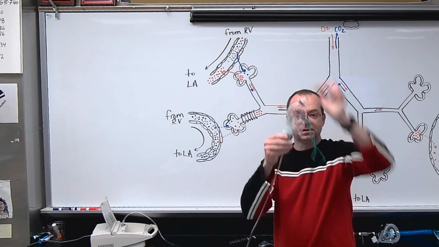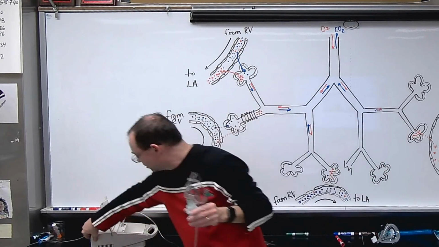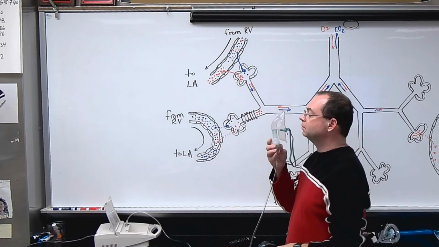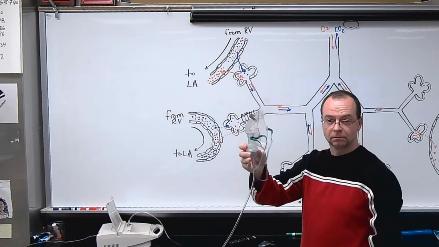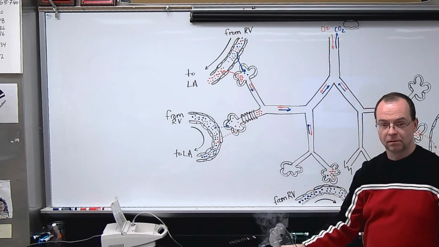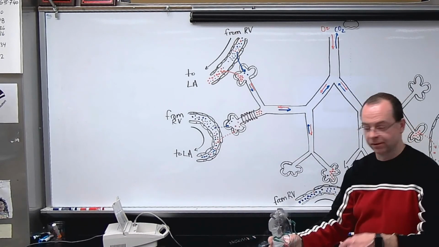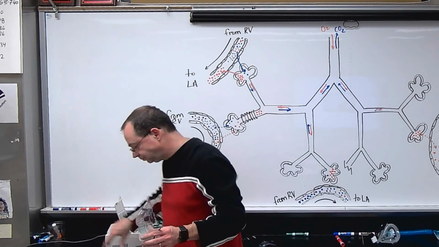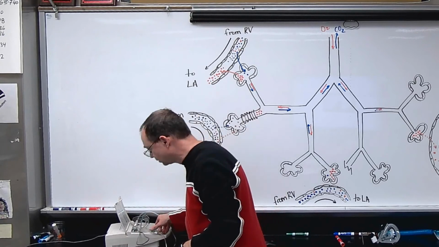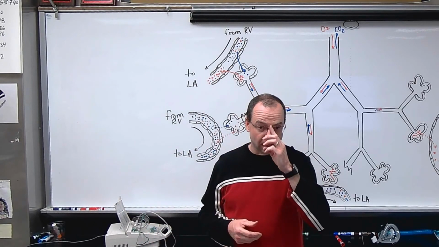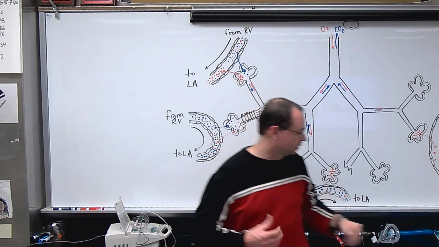Take the mask, attach it to the mask, and that way you can see the mist. In addition, we want to quickly place the patient on oxygen while we're getting the nebulizer ready.